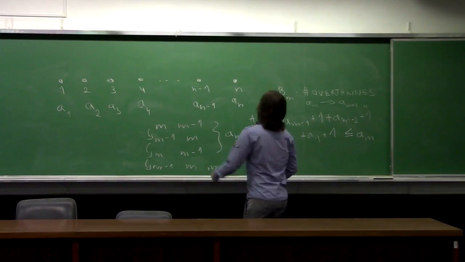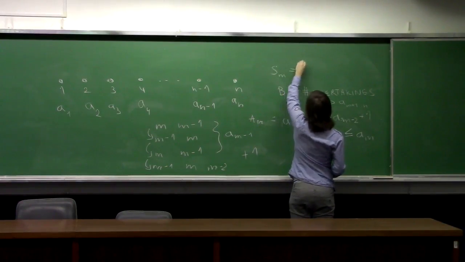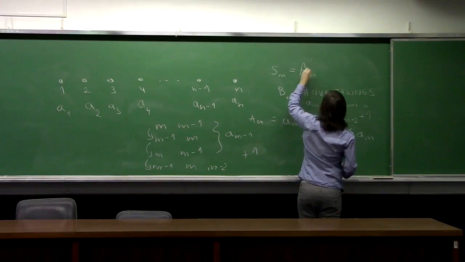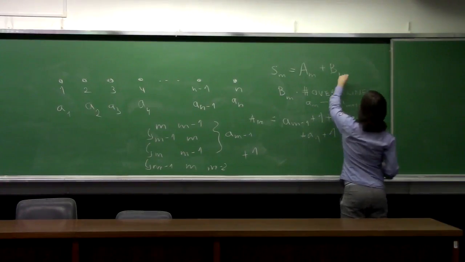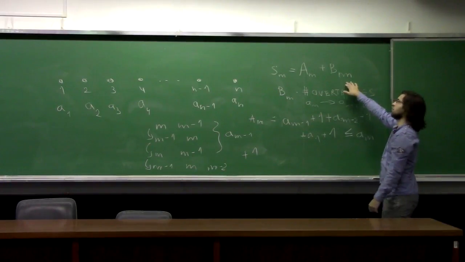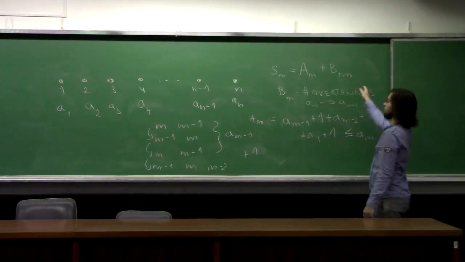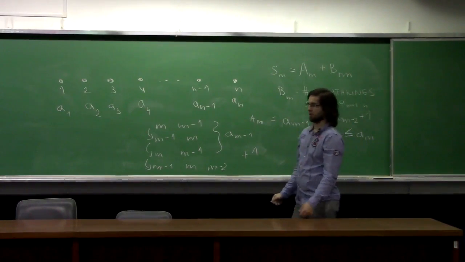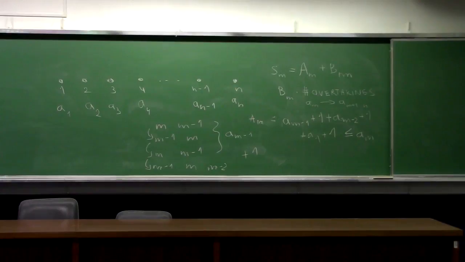And it's clear that S_M, the maximum number of total overtakings, is A_M plus B_M, because this is the maximum number of overtakings with cars smaller, and this is the maximum number of overtakings with cars larger. This is of course just an upper bound. It's not obviously true that if we have some S_k, which is an obvious upper bound, then it's possible to actually reach that S_k with the given sequence.